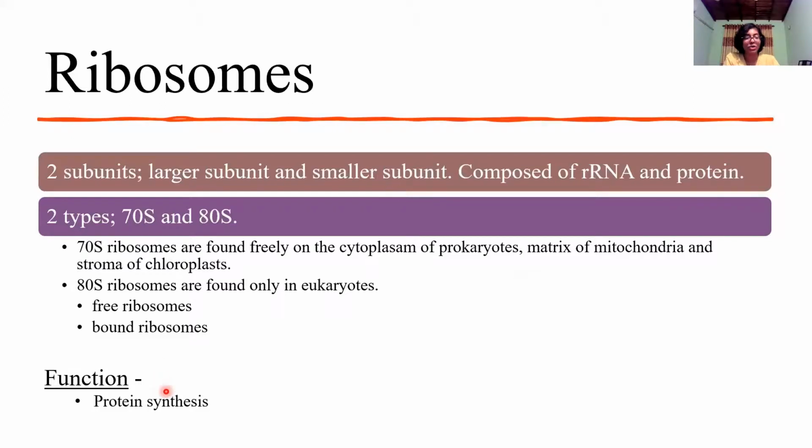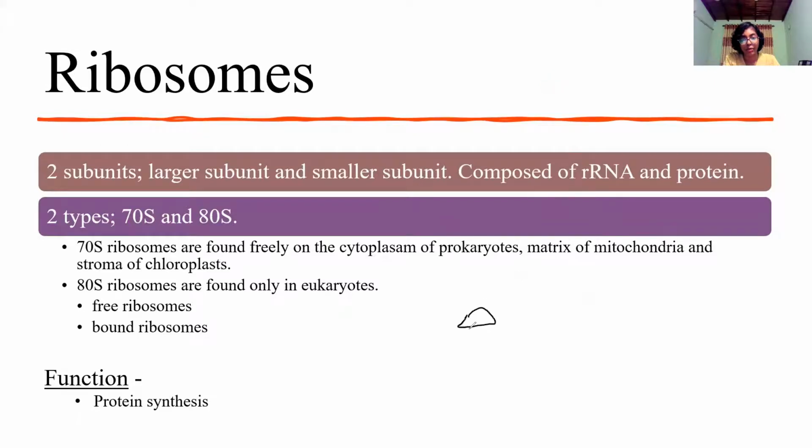The function is actually protein synthesis, as I mentioned earlier. The ribosomal subunits, both small and large, make up the ribosome, and then mRNA carries the message, that is the genetic information from the DNA, and it gets into these two subunits. When I drew it, you can find that there's a space in between.